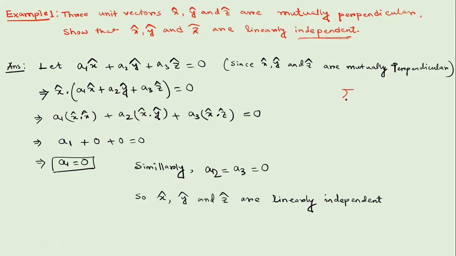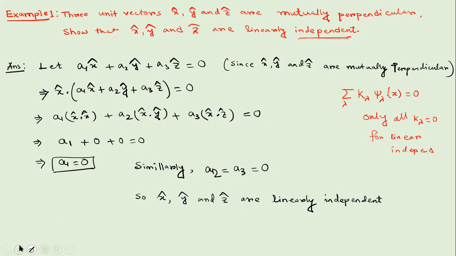You remember the general form: the sum of k lambda times x lambda equals 0 only if all k lambda must be 0 for linear independence. Here you can see all the coefficients are 0 for linear independence, right?